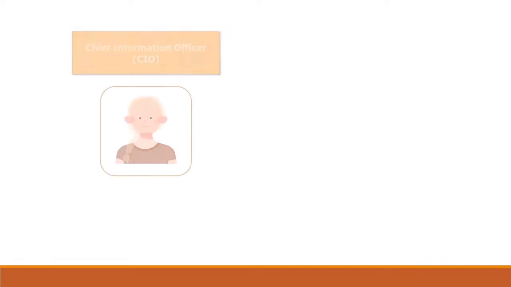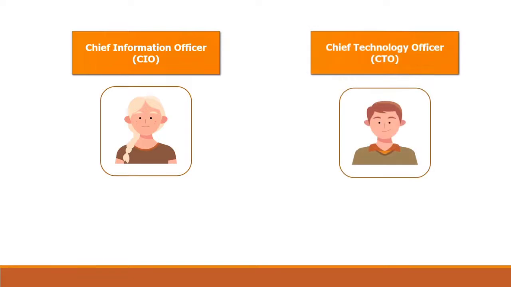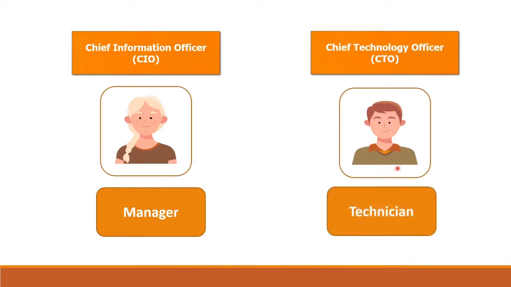Now, to effectively capitalize on e-commerce, a number of organizations are establishing 2 new positions in their firms. First, we have the Chief Information Officer or the CIO, and second, we have the Chief Technology Officer or the CTO. This trend reflects the growing importance of IT, information technology, in strategic management. The CIO is more of a manager. They manage the firm's relationship with its shareholders, and the CTO is more of a technician.